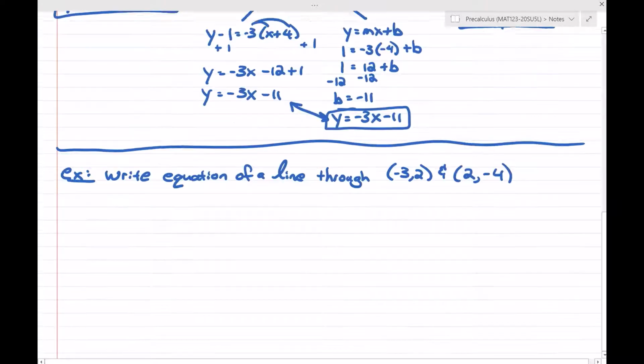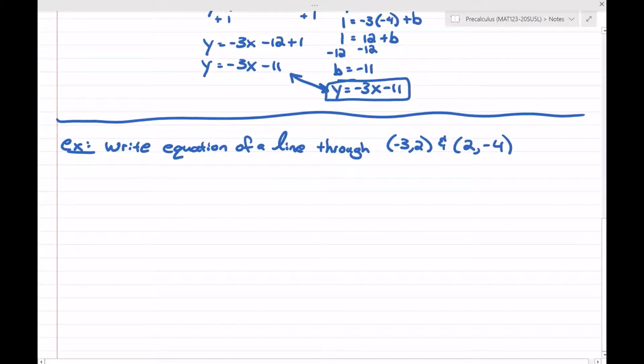And what makes this one different is we don't have a slope. We use slope for all the different forms. So let's go ahead and figure out what our slope is first. I'm going to subtract the y's in this order. I'm going to put that over the x's, subtracted in the same order. And I get my slope is -6 over 5.